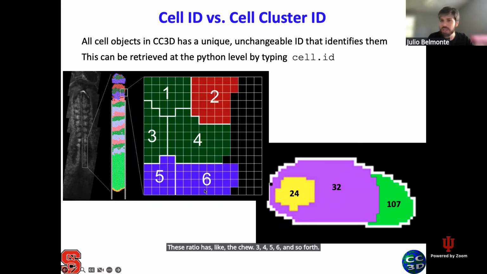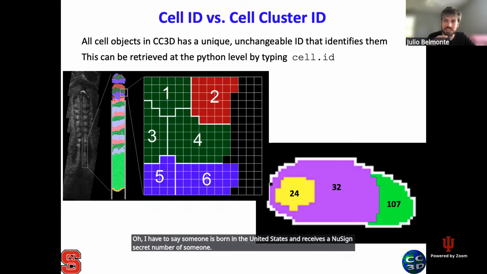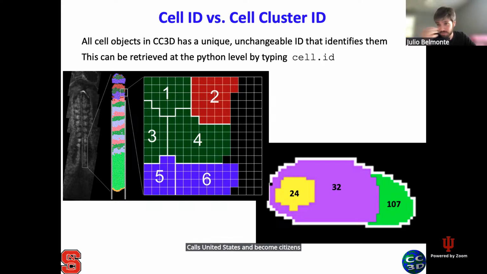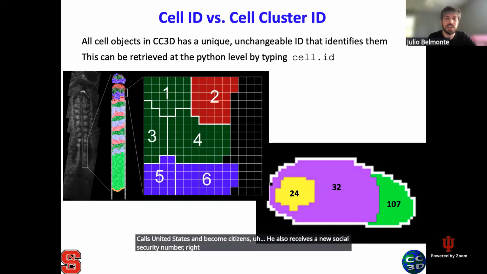And it never repeats, and every time you create a new cell, it receives a new ID, just as every time someone is born in the United States, or someone comes to the United States and becomes a citizen, they receive a new social security number, right? So every cell in the CompuCell simulation has a unique ID, and when the cell dies, the cell ID is deleted and not used again, okay?